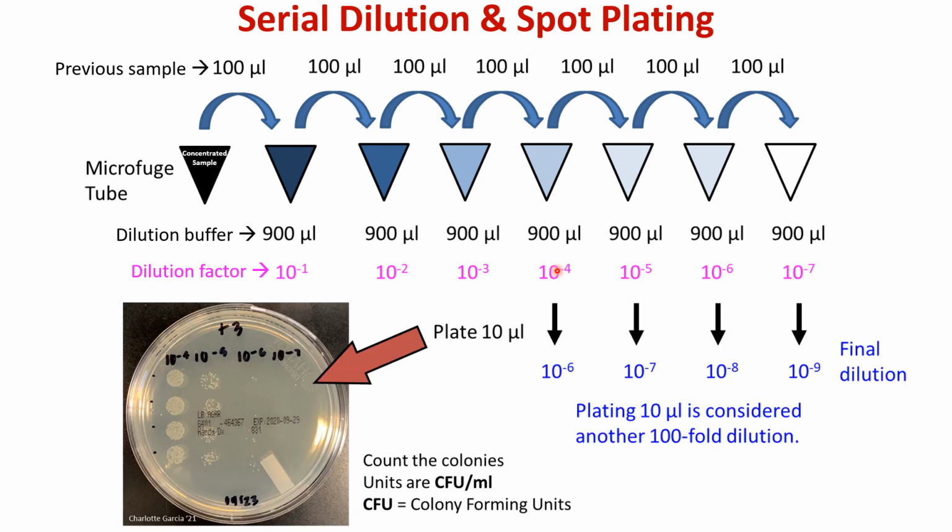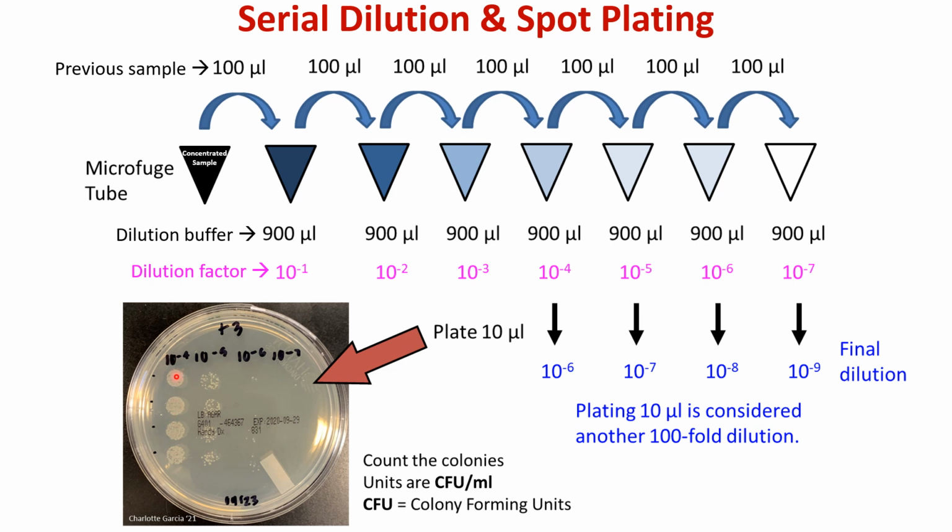And so we're going to put 10 microliters out of each one of these samples into a spot on our plate. This is an example of a plate that a former student has done. You can see we have our dilutions, 10 to the minus 4, minus 5, minus 6, minus 7, and this is done 4 times. We'll talk about that in a moment.